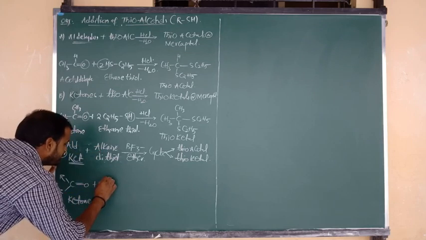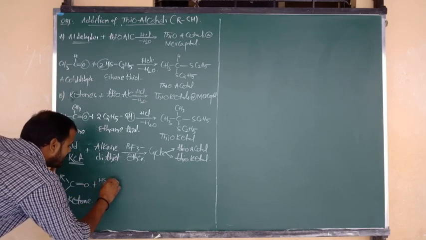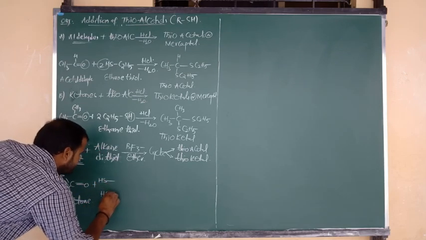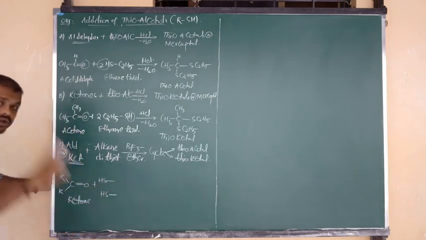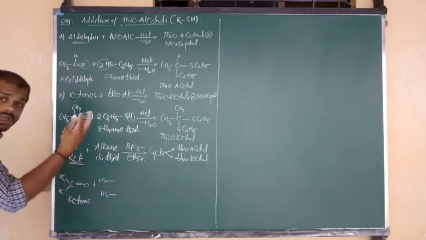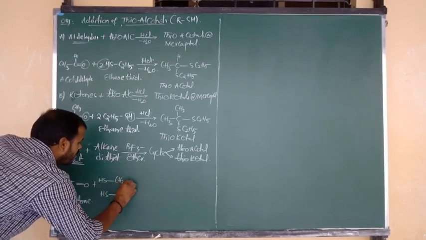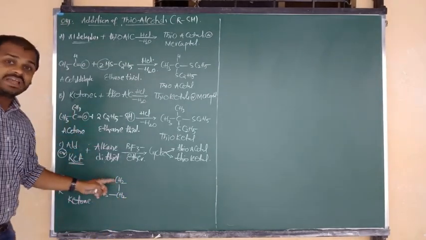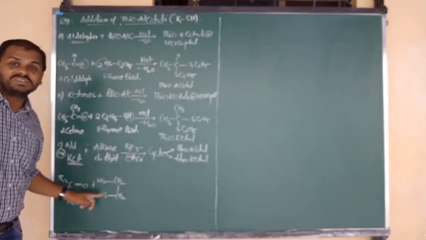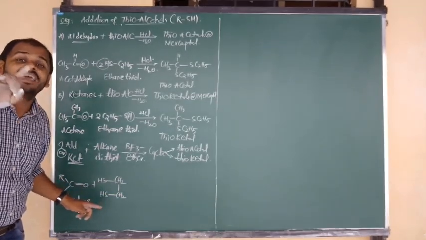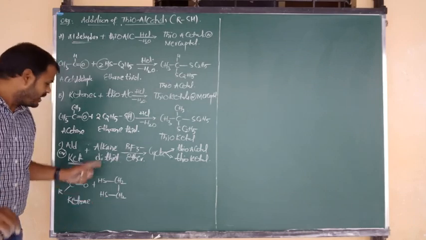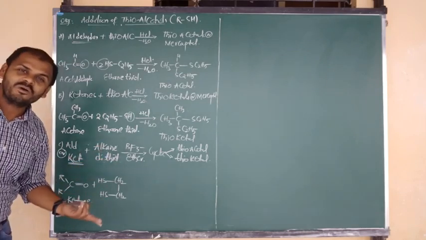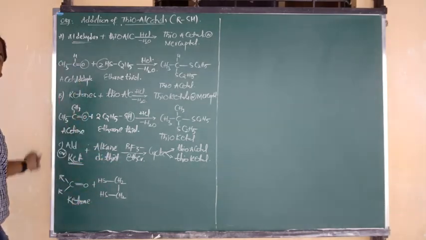HS, again HS, dithiol. Which dithiol? Alkane dithiol: CH2, CH2. Like the reaction we have seen on CH2-OH, CH2-OH, ethane 1,2 diol, this looks like alkane 1,2 dithiol. There OH, here SH.